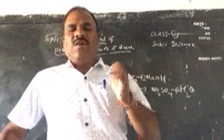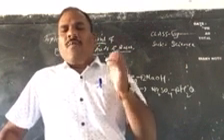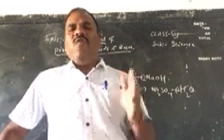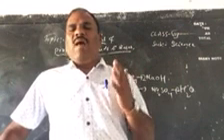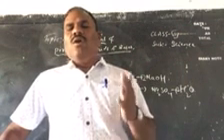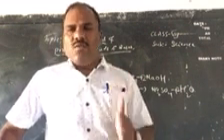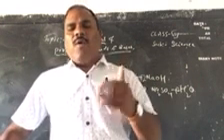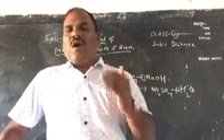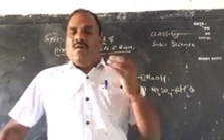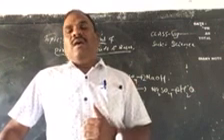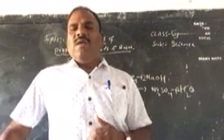Basic salts are formed from a strong base and a weak acid, for example NaOH plus CH3COOH gives CH3COONa plus H2O. Last, neutral salts are formed from a strong acid and a strong base, for example NaOH plus HCl gives NaCl plus H2O.